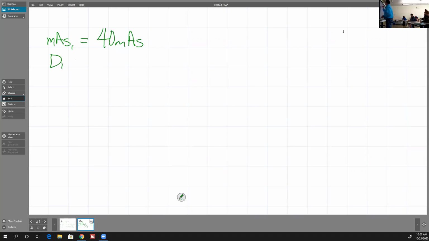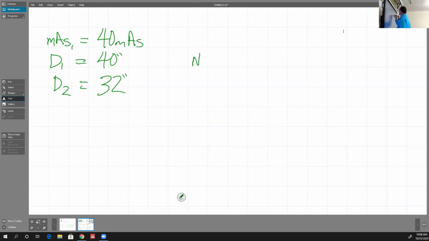Distance 1 is 40 inches, and distance 2 equals 32 inches. Okay, so we're going to say new mass equals 40 mass.